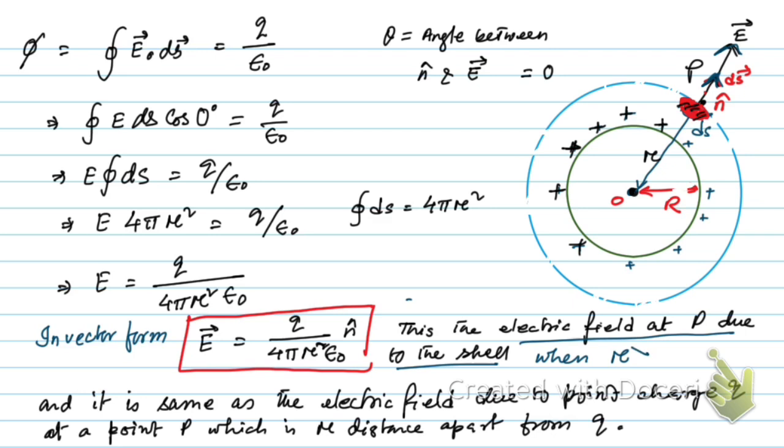That means small r is greater than capital R, right? And it is the same as the electric field due to the point charge Q at a point P, which is r distance apart from Q, right? Let me take this as equation number 1, and this as equation number 1, right?